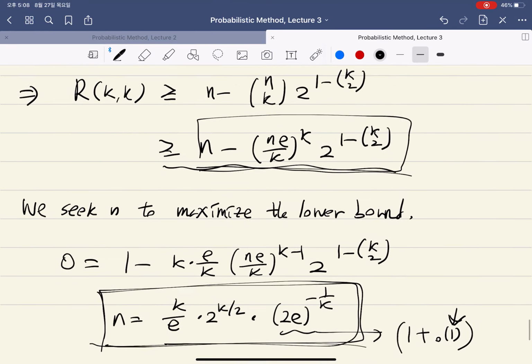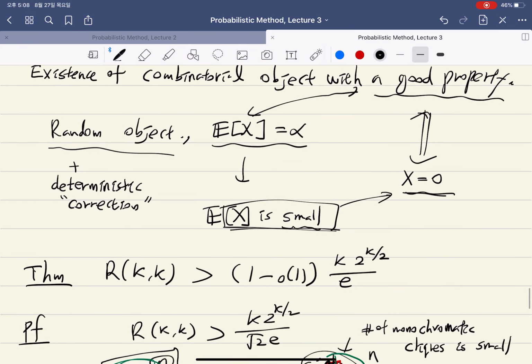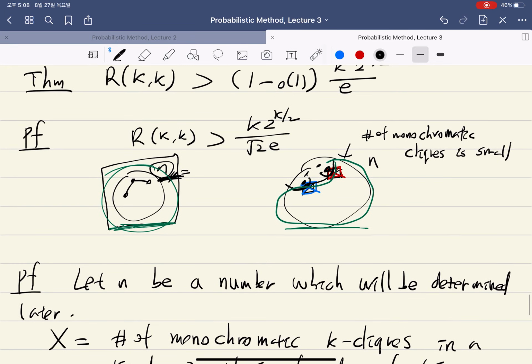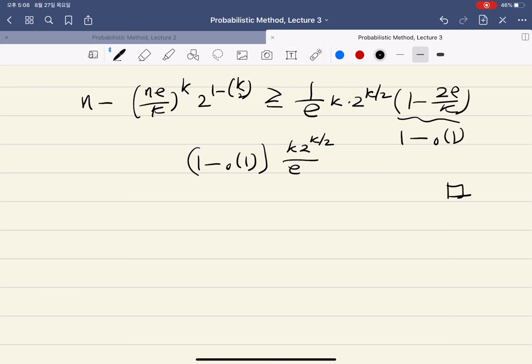So this example illustrates the alteration method. It's called the deletion method, or the alteration method. In this, a lot of the time what you do is make some random object, and then it has some small imperfection, some small structure that we wish not to be there.